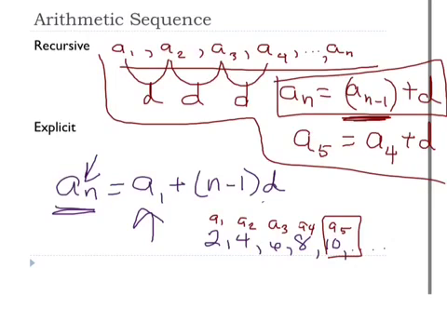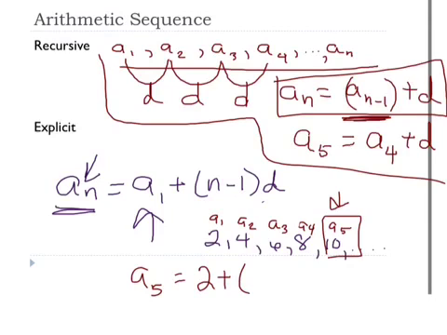So let's look at this example. I have a box around the fifth term, which is 10 in this pretty easy arithmetic sequence. We're going to pretend that we're looking for this fifth term, and we'll see how this explicit formula works. To find the fifth term, the A sub 5 term, we need to take A sub 1, in this case 2.